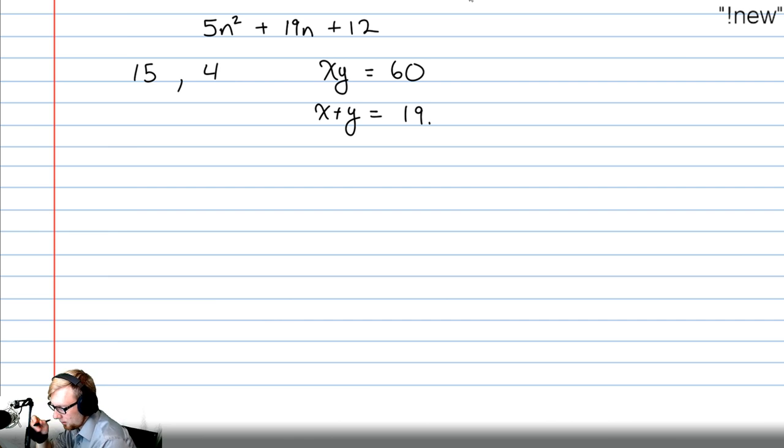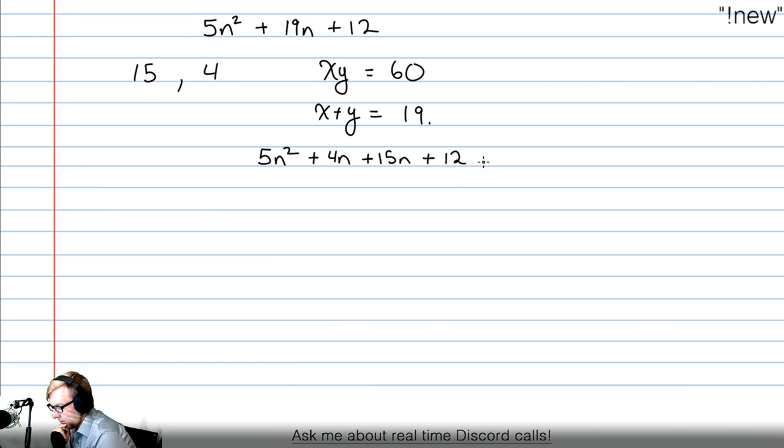Okay. So you've rewritten the equation. So you've got 5n squared. And then what did you write? Plus 4n plus 15n plus 12. Okay, that's fine. You can write it that way. That makes no difference. And then you factor by putting the parentheses. In that one, there is no common factor except for n.